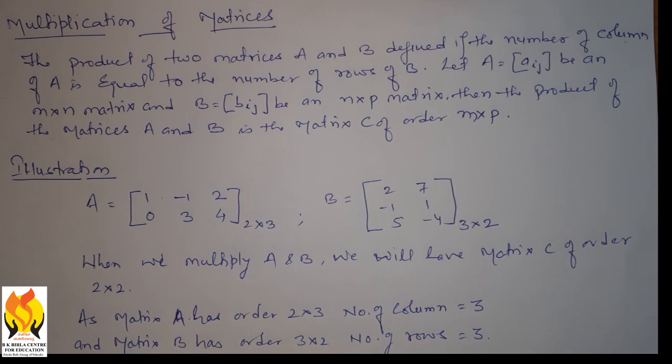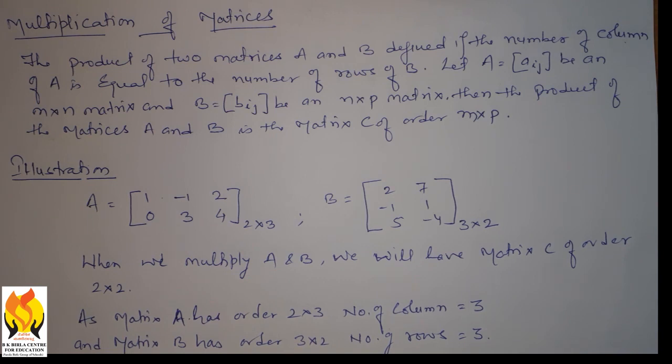Now we look at the illustration. We have a matrix A with the elements 1, minus 1, 2, 0, 3, 4, and another matrix B with 2, 7, minus 1, 1, 5, minus 4. Here the order of matrix A is 2 cross 3 and B has order 3 cross 2.